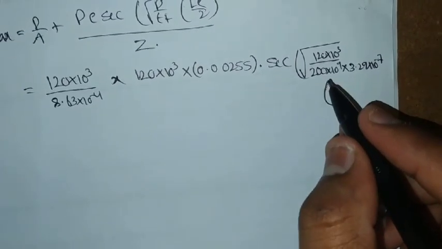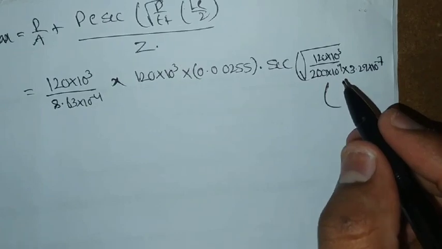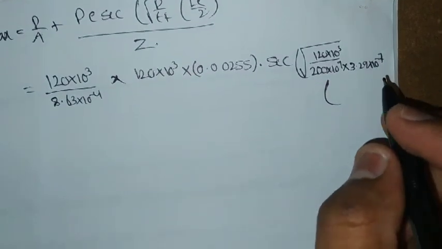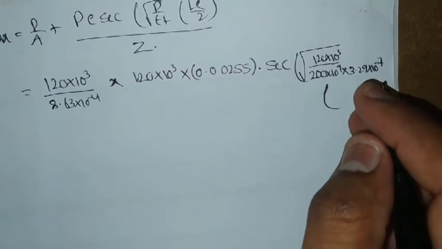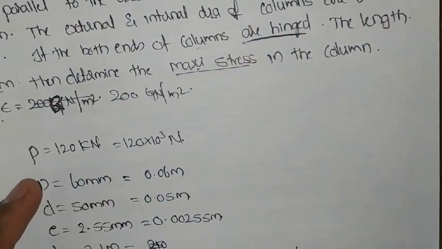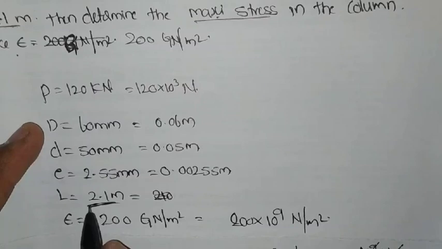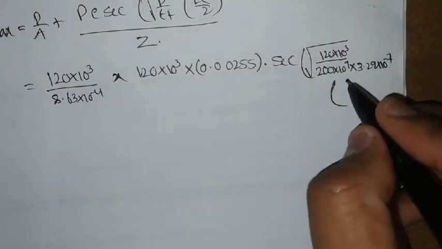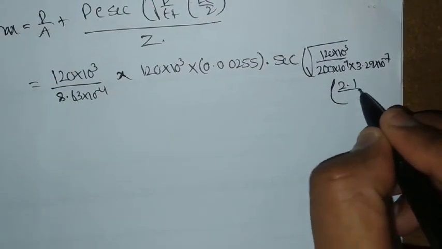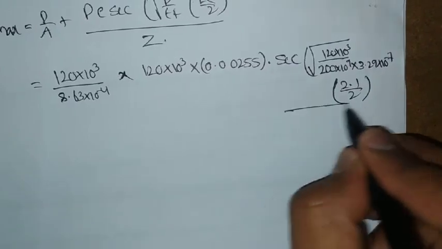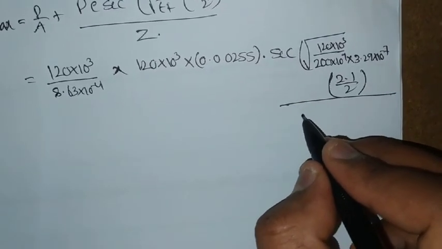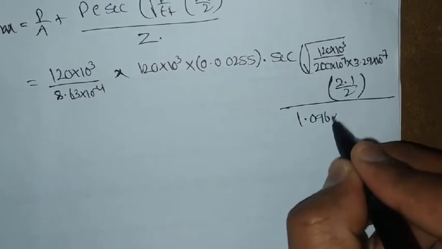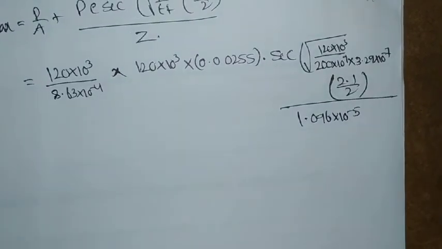Here the length is given as 2.1 meter, which can be considered as LE. So LE by 2 is 2.1 divided by 2, the whole divided by the section modulus value 1.096 into 10 to the power of minus 5.